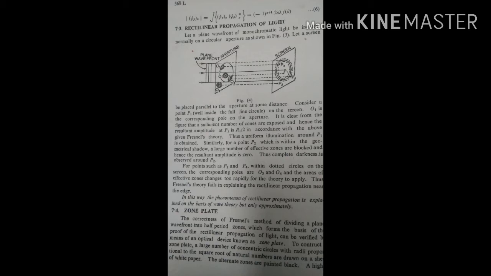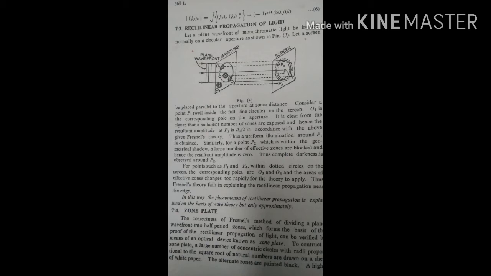Zone plate. The correctness of Fresnel's method of dividing a plane wavefront into half-period zones, which forms the basis of the proof of the rectilinear propagation of light, can be verified by means of an optical device known as a zone plate.